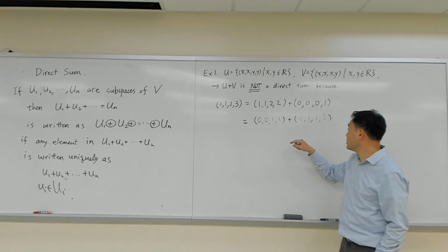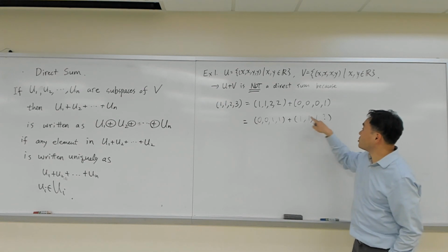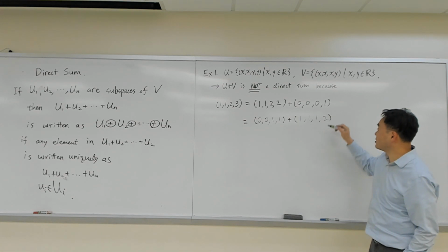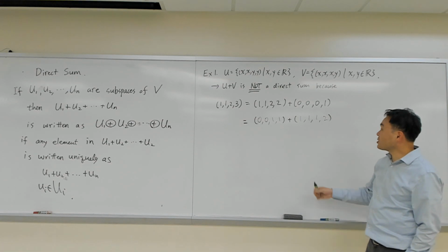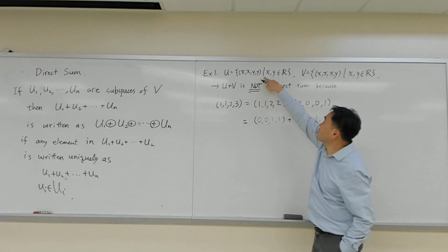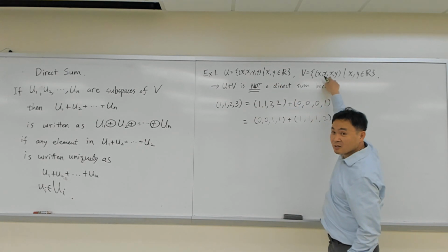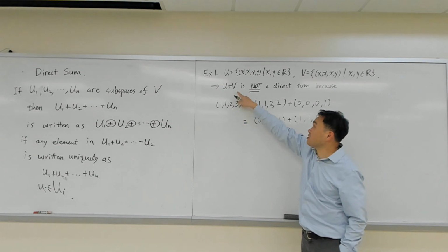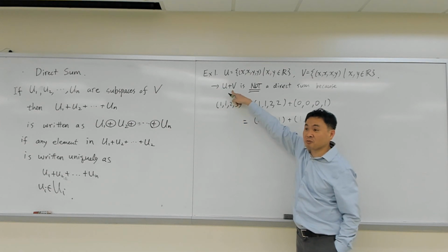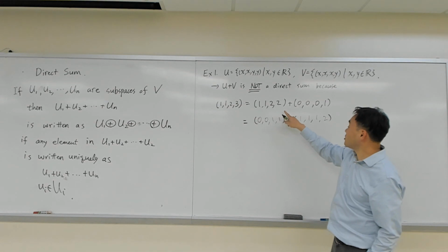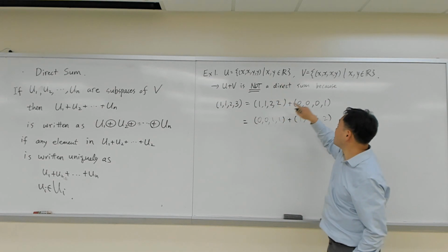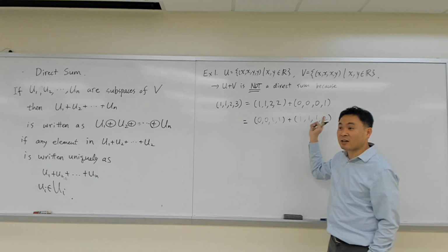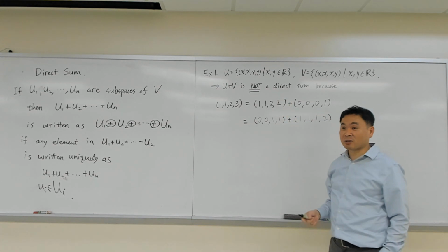And then 1 plus what gives you 3? This must be 2. So now you see that this is in U and this is in V. We managed to write this single element in U plus V as a sum of an element in U and an element in V in two different ways. So this is not unique, therefore this is not a direct sum.